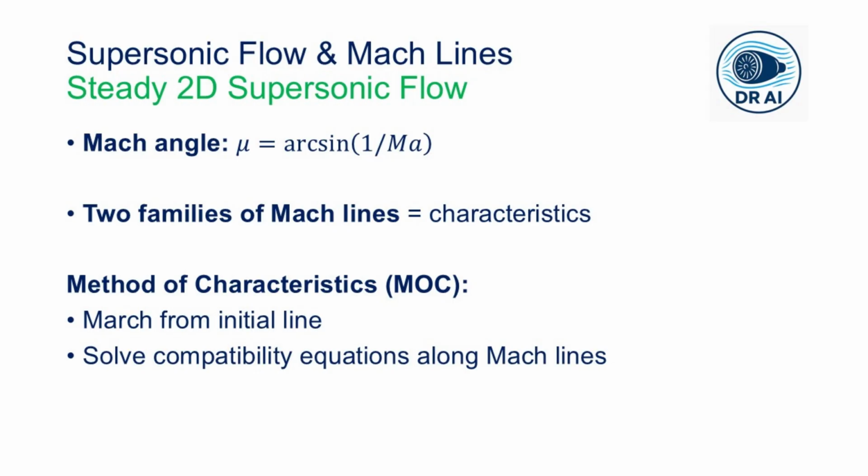The second eigenvalue is lambda 2 equals u plus c, which is the right-going sound wave, and the third eigenvalue is lambda 3 equals u minus c, representing the left-going sound wave. So these correspond to the three information channels: advection by the flow, and the sound waves propagating upstream and downstream relative to the fluid.